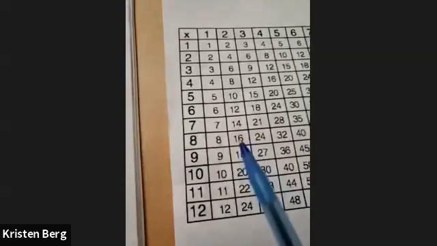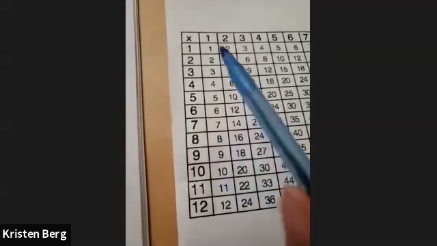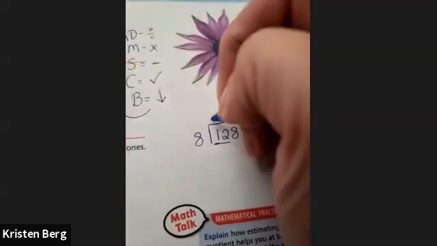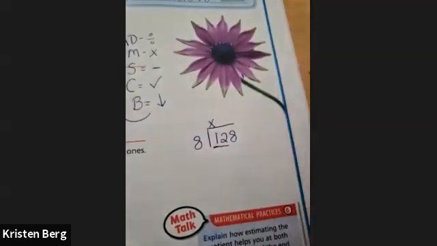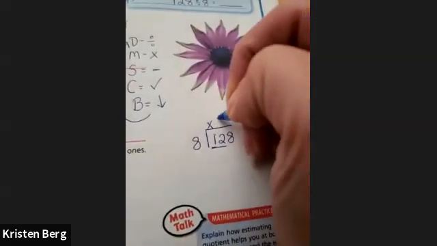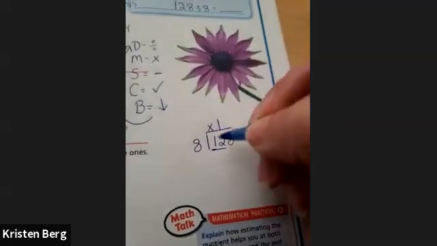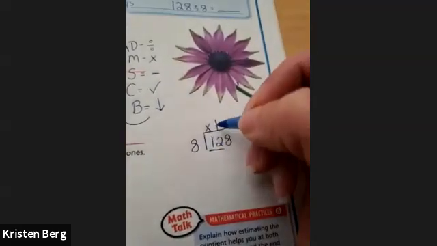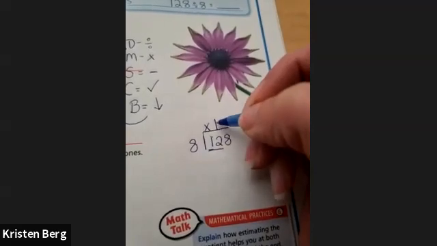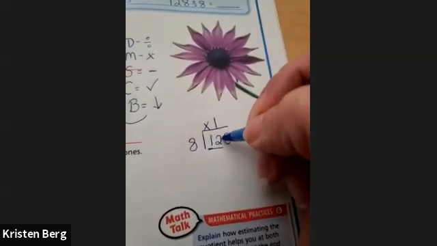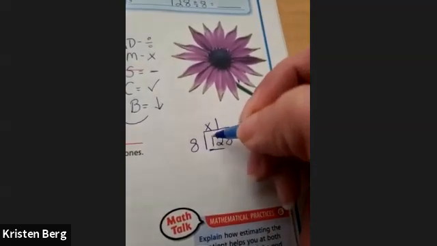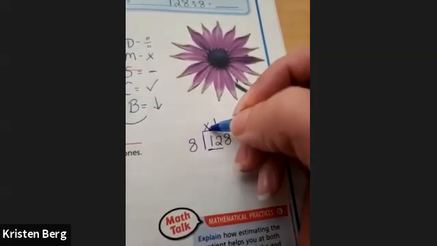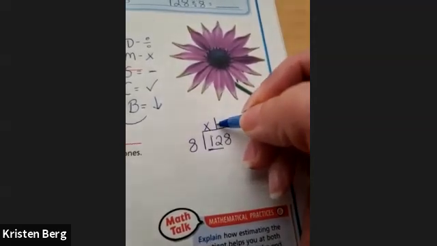So since it is too big to go to 16, you could only go in 1 time. So it cannot go into the 1, but it can go into 12 1 time. So you see how I'm putting it above the 2, saying yes, it can go into 12. And I made sure to put an X above the 1, saying it can't go into the 1.